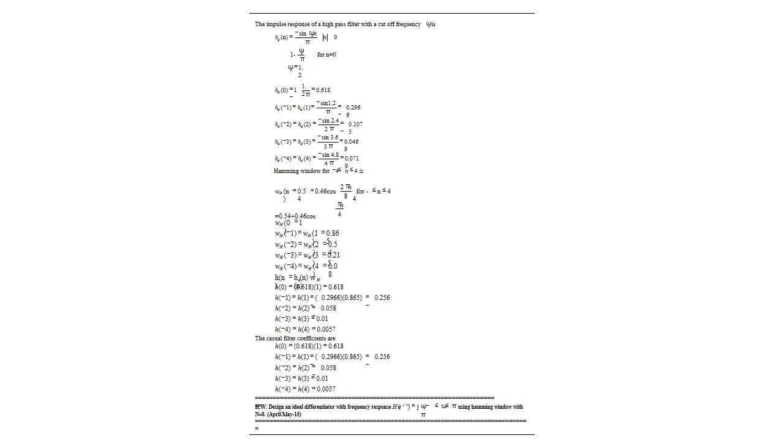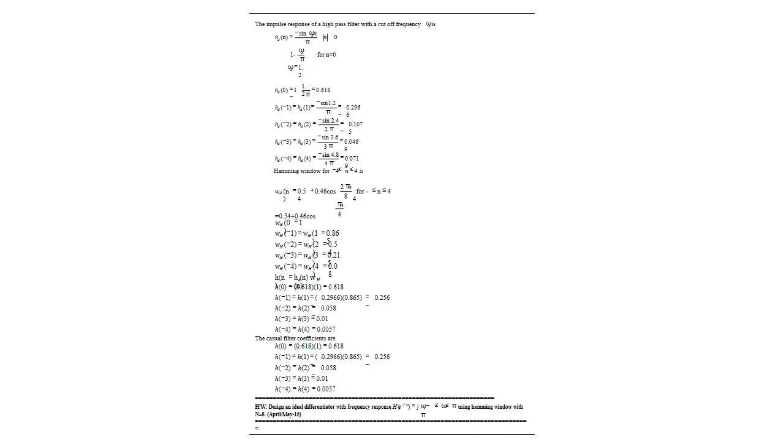Next we are going to find the Hamming window. The Hamming window for minus 4 less than or equal to n less than or equal to 4 is wh of n equal to 0.54 plus 0.46 cos 2 pi n by 8 for minus 4 less than or equal to n less than or equal to 4. So that is 0.54 plus 0.46 cos pi n by 4.